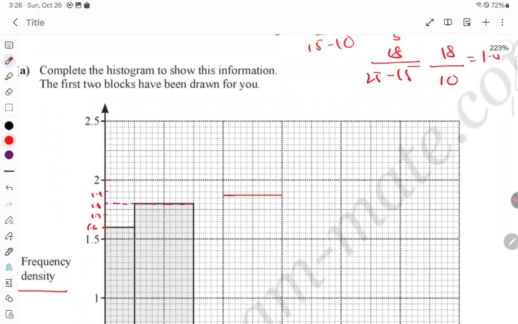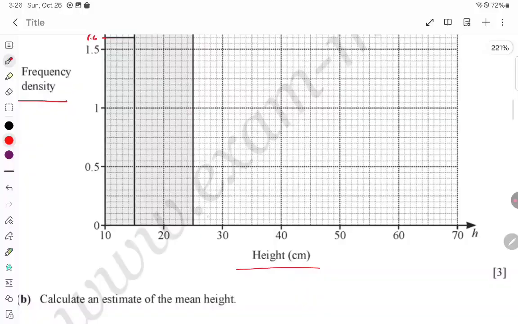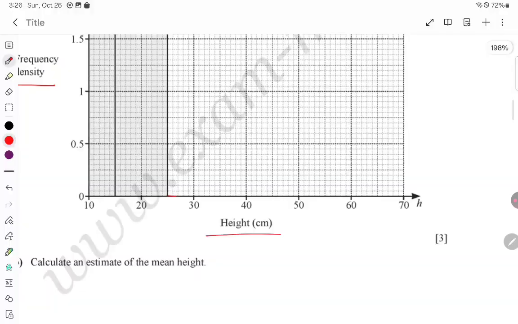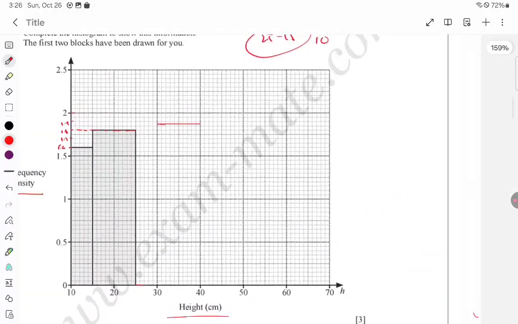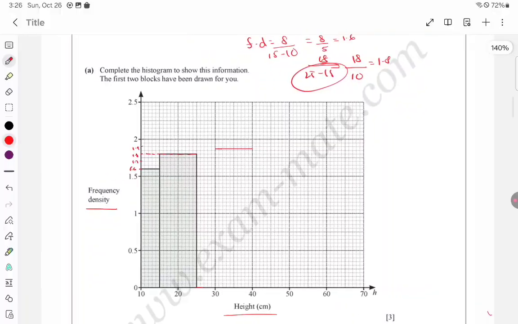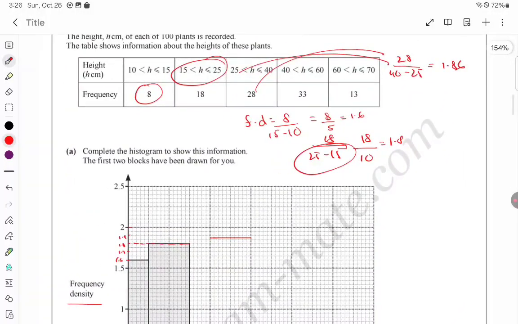For the range 15 to 25, so this is our 25 and 15. This is the range for the 28 one, 25 to 40.